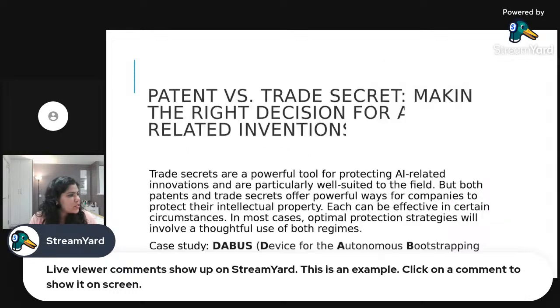Most jurisdictions like the US and UK have rejected inventions which were made by DABUS, which in itself is an AI system, because these countries say that we can't give protection over it. But South Africa has said that we will give protection over it because it has more of a human element than an AI element. So there are different ways.